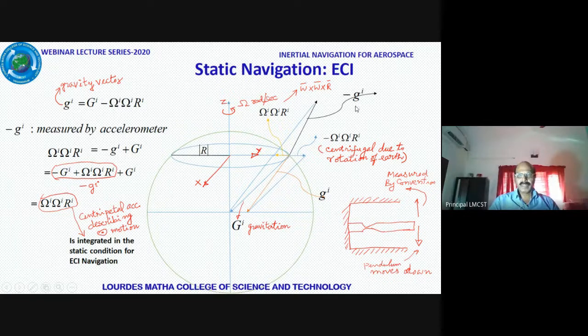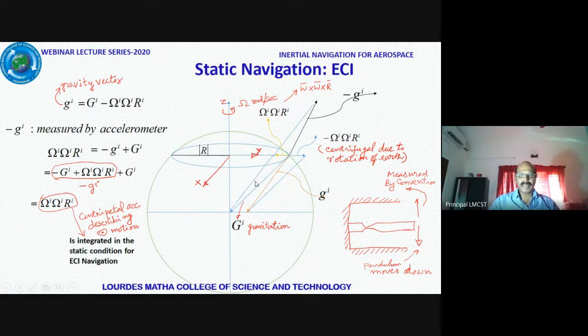And to this, while being here, this is the measured acceleration now. If we add the gravitation acceleration, then I get the net inertial acceleration, or the total inertial acceleration.